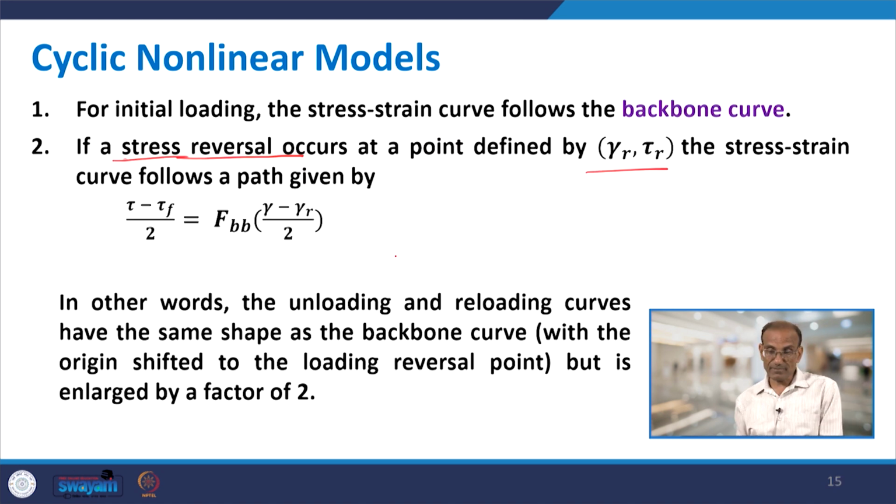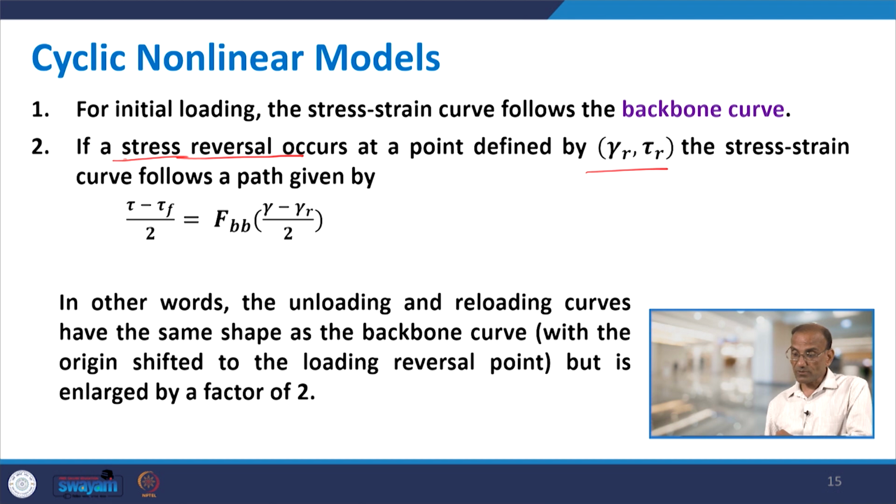Once you have gamma r and tau r as the point of reversal, the stress strain curve will follow a path given by the relation tau minus tau r over 2 equals f of gamma minus gamma r over 2. So you are nothing but shifting the origin and multiplying by a factor of 2.